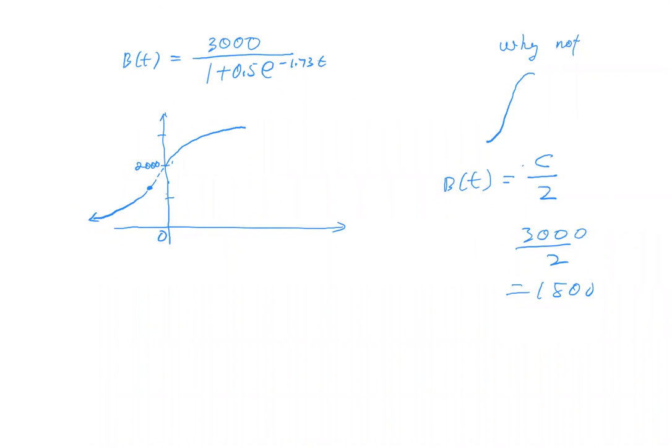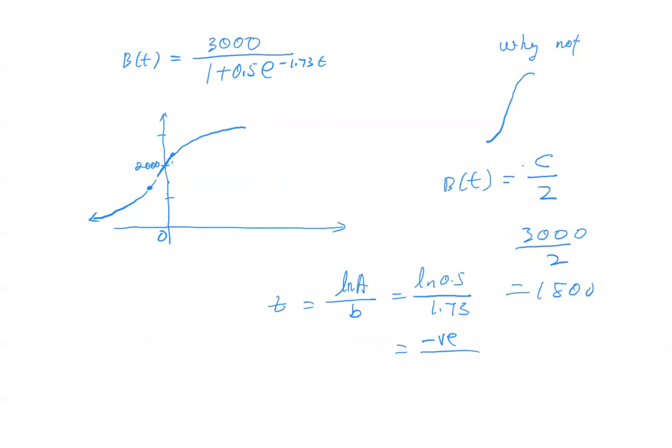And the inflection point must be t equals ln A over B. If I put ln 0.5 over 1.73, I get negative. Time cannot be negative, so in this case it doesn't involve the inflection point. That means B never increases at the fastest rate, so the fastest rate is at the beginning.